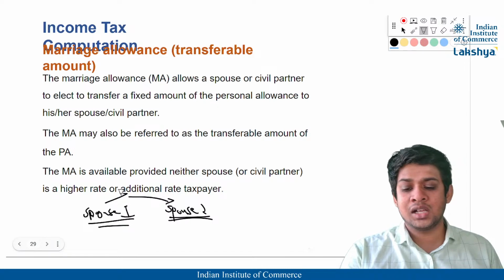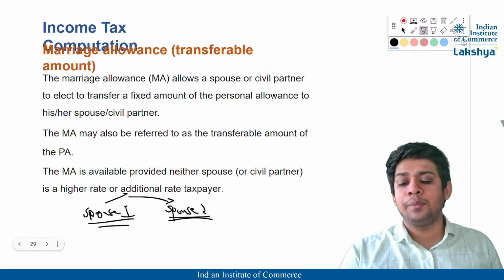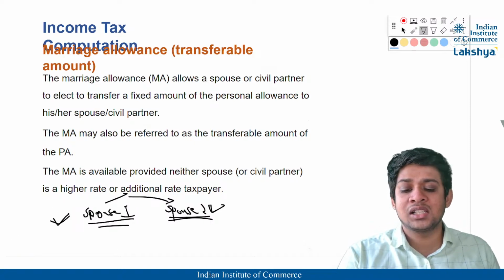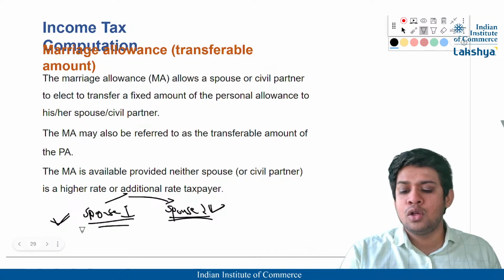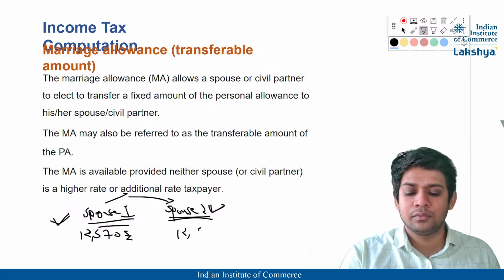Okay. It could be the husband, wife, or any other civil partner that is there. Okay. Now, here, what will happen? As I told you, each one of them is assessable as a separate taxpayer. So, each one of them will get a personal allowance of 12,570 pounds.